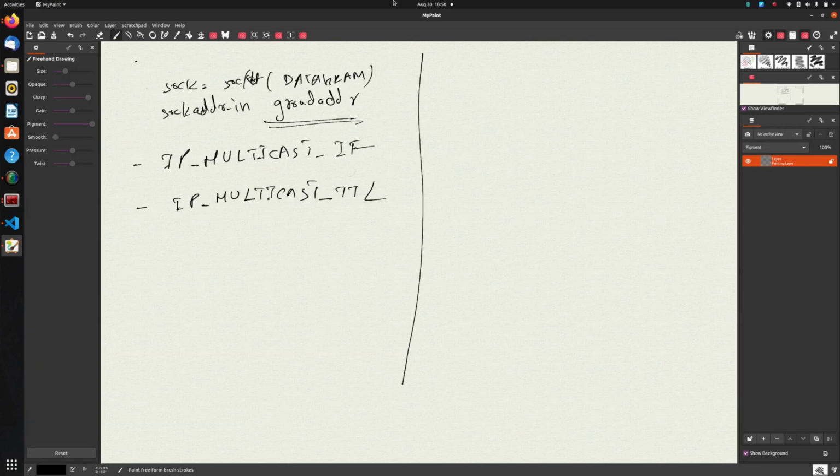Okay, so now let's come to the receiving side of things, right? Even for receiving, we need a UDP socket. So it's again as simple as creating a UDP socket.